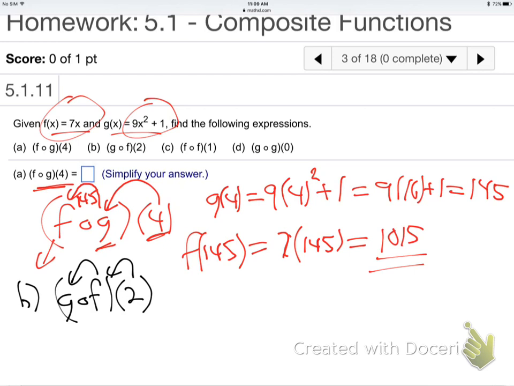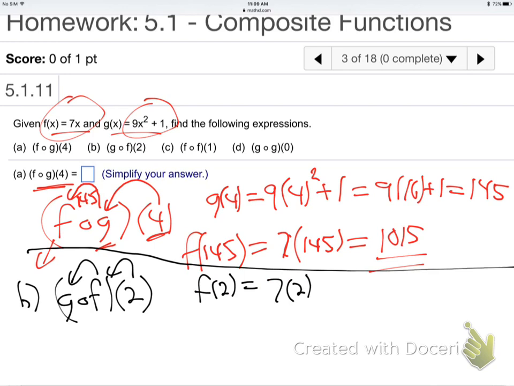So put 2 into the F machine now. See what you get out. Put that into the G machine. So F of 2, 7 times 2, 14 pops out of the F machine.